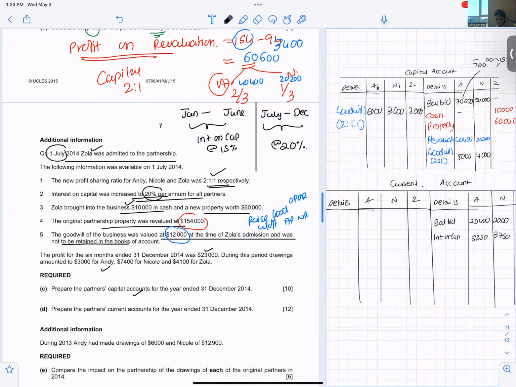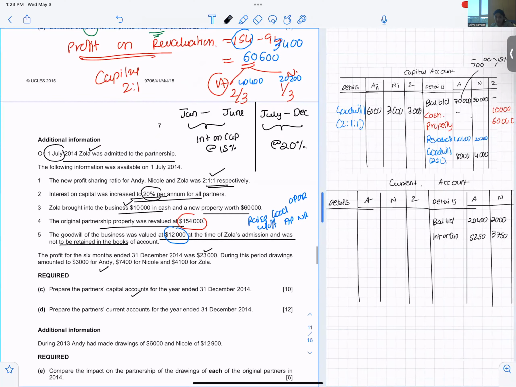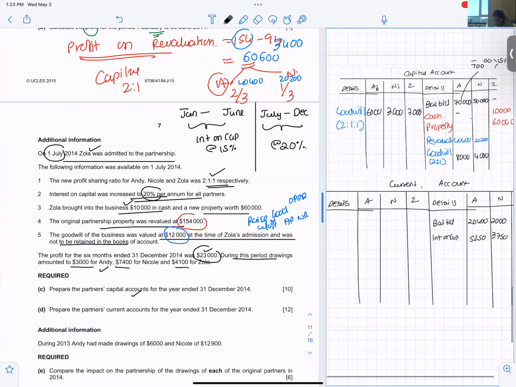The profit for 6 months ended December 2014 is 23,000. Can you tell me where will this profit go? And during this period, drawings was 3,000, 7,400 and 4,100.